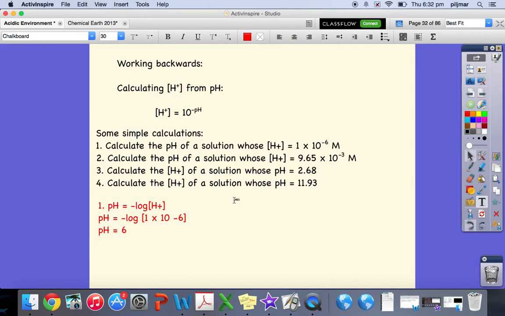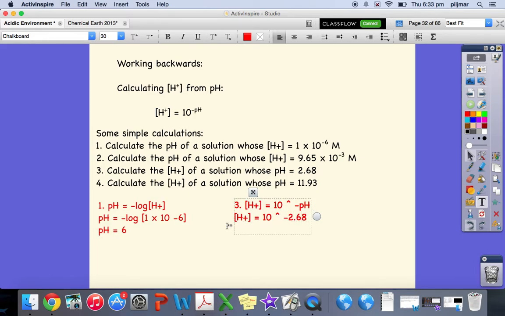We'll do 3 just to show you what's going on with working backwards. If we're trying to work out the hydrogen ion concentration, we simply plug into our calculator 10 to the power of negative pH. So we write our equation yet again, and then we input the values: 10 to the power of negative 2.68.